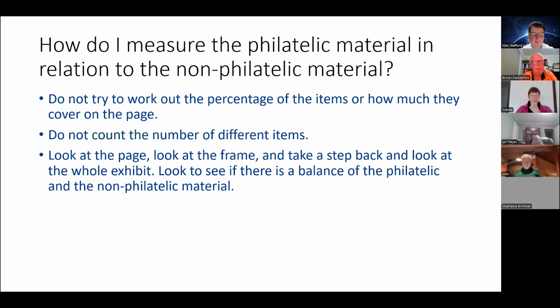The aim is to step back, look at the frame, and ask whether the material within the exhibit is balanced between philatelic and non-philatelic, without the non-philatelic material overloading the content. The reason being that if it's too much, then it's no longer a philatelic exhibit.